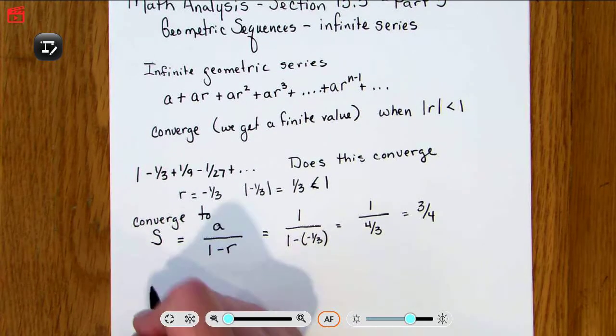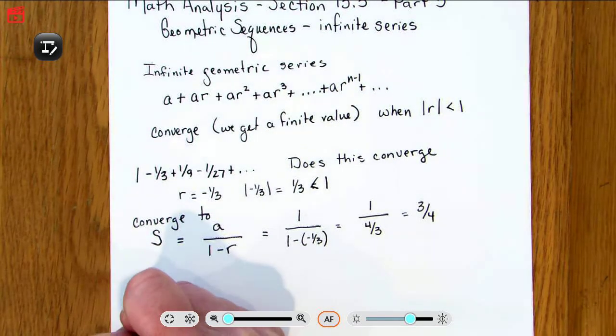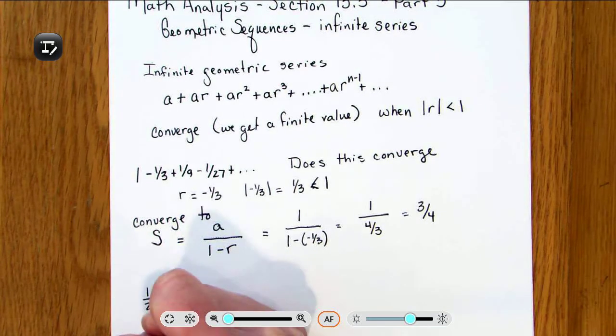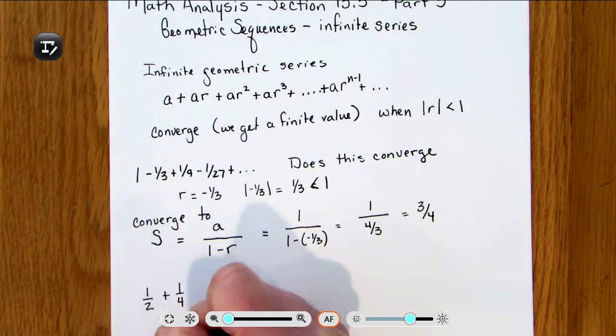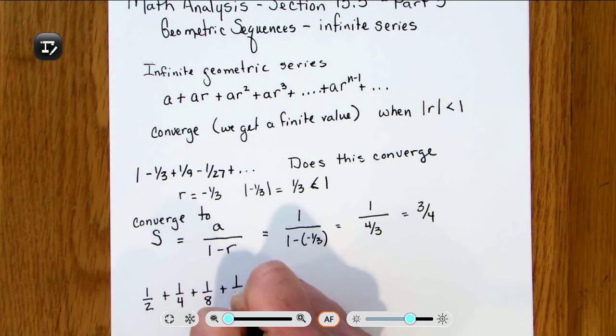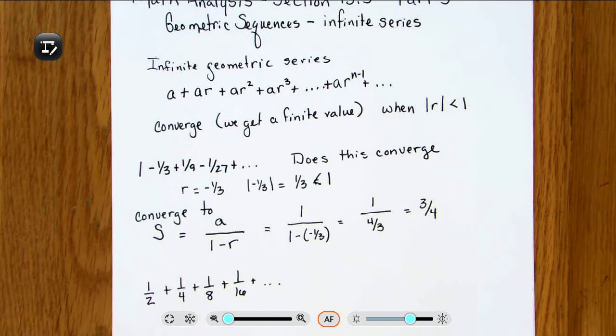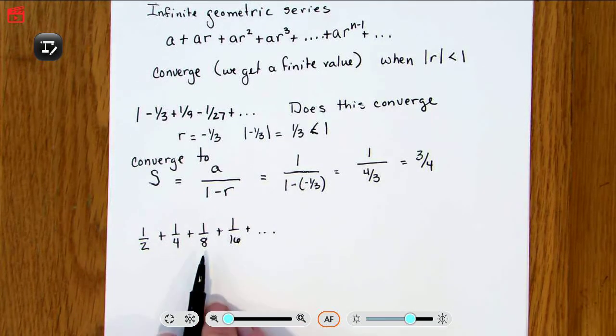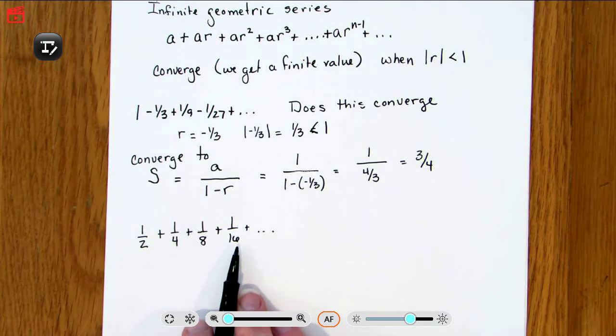One that makes more sense to a lot of us, this is a common example, is taking that sequence of a half plus a fourth plus an eighth plus a 16th.